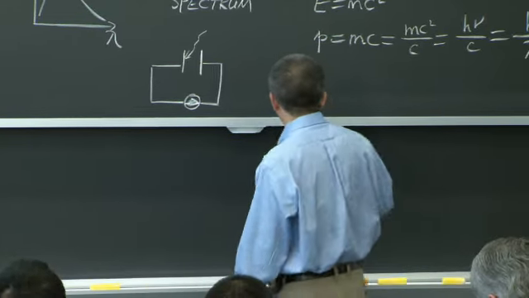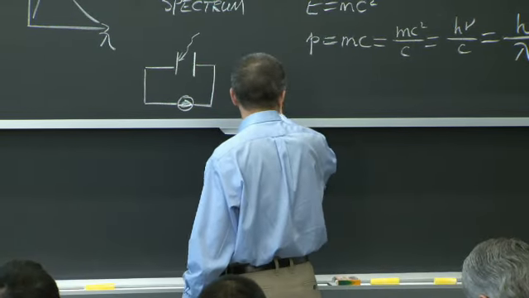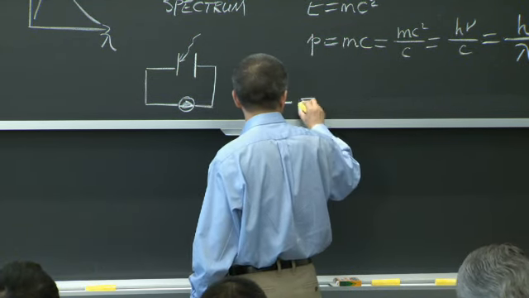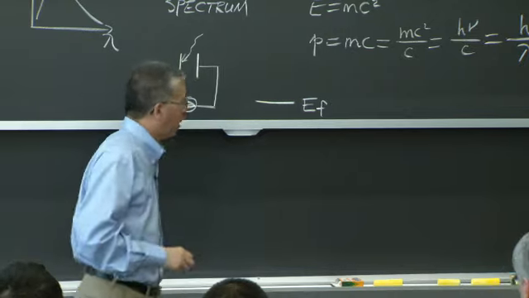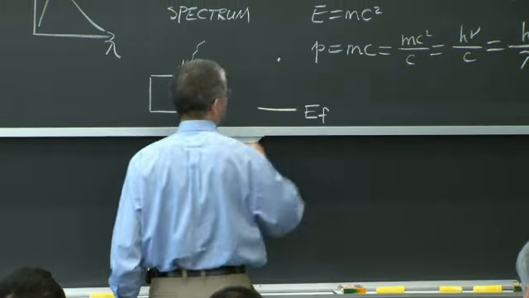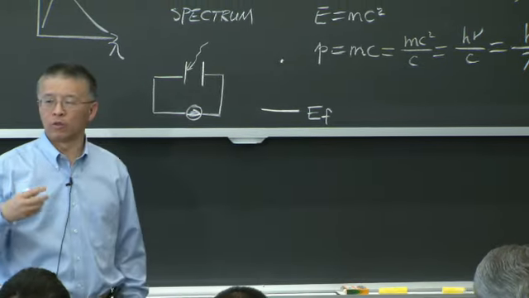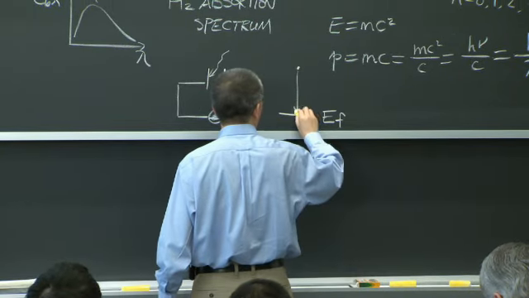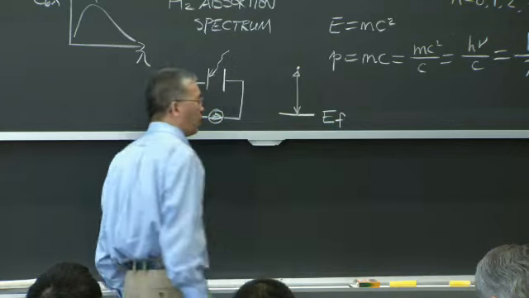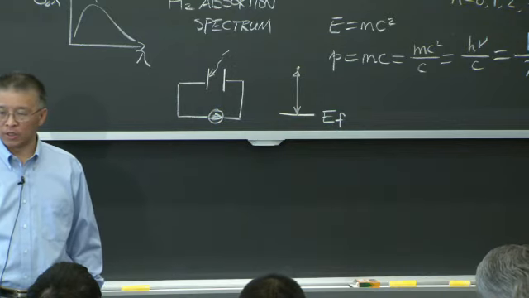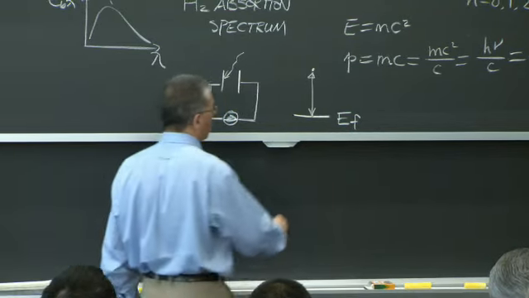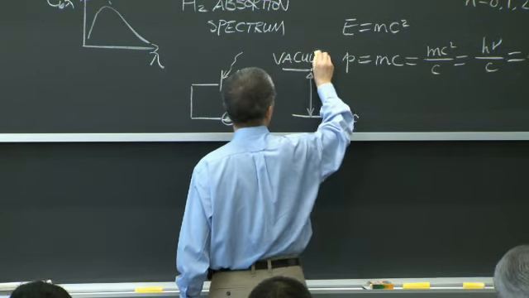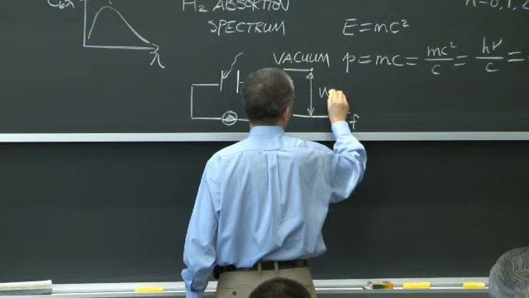And Einstein's explanation is this is where the electron sits, right? Later on, we'll say this is the Fermi level. And here is where it needs to come out of the metal to the vacuum, right? And there you have a difference in energy. And this difference is the work function.